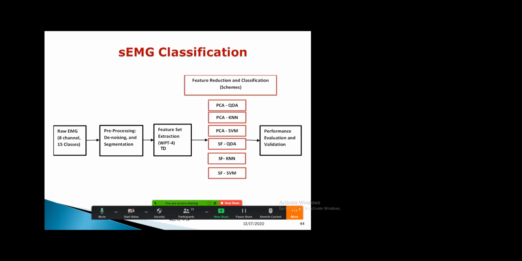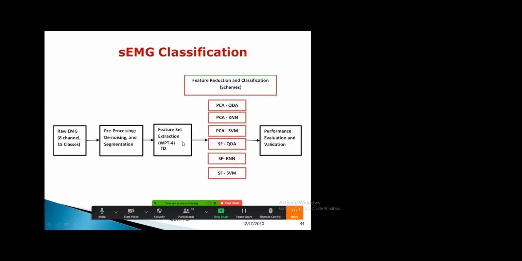So this is the crux of all our work: how did we do this classification? We have done sparse filtering with QDA, sparse filtering with KNN, and sparse filtering with SVM. To compare our work with the existing techniques, we have used PCA with QDA, PCA with KNN, and PCA with SVM.